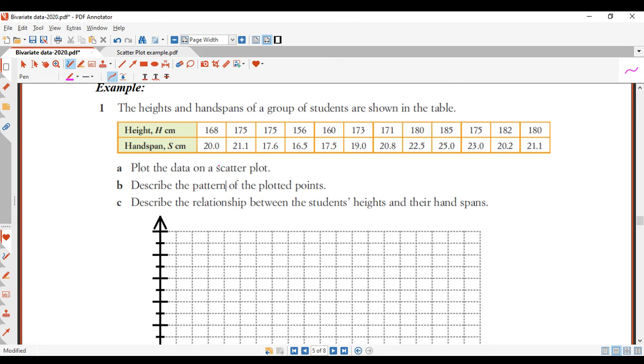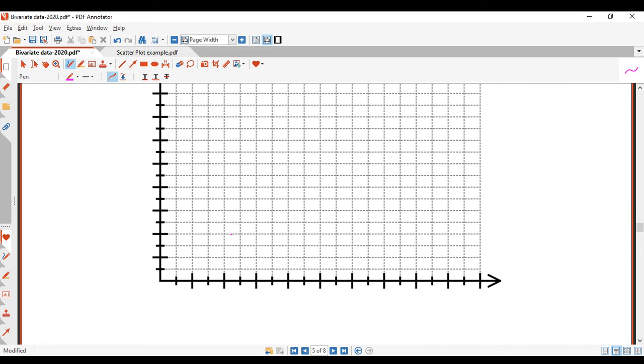Now, does height depend on handspan, or does handspan depend on height? So the taller you are, normally the bigger your hands. So handspan will depend on height. So if you like, we'll have span or S span there, and the height will be over here.